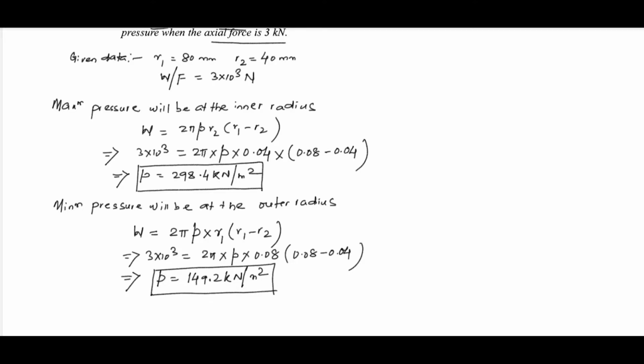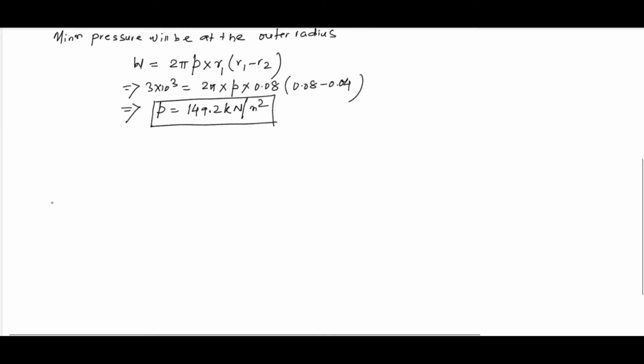Okay, and then comes your average pressure. Formula for average pressure is equal to total axial force or axial thrust divided by your cross sectional area.